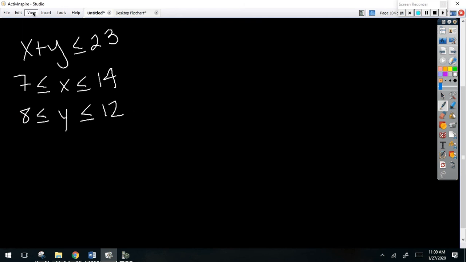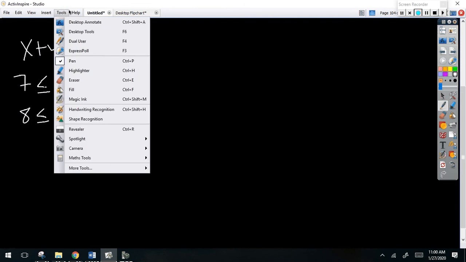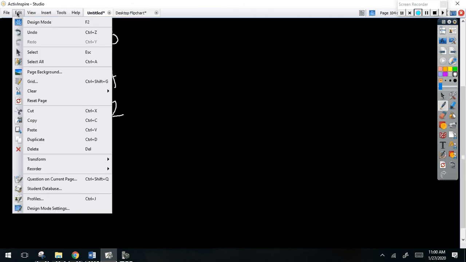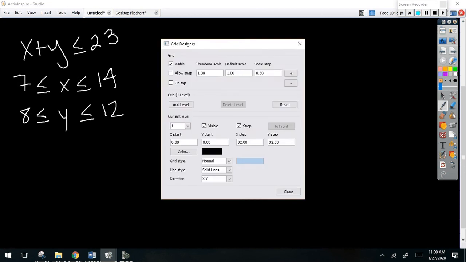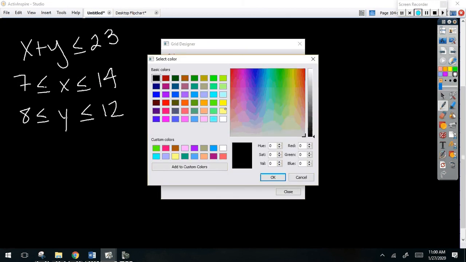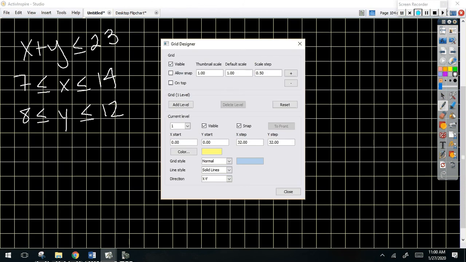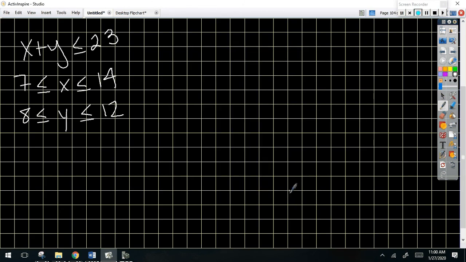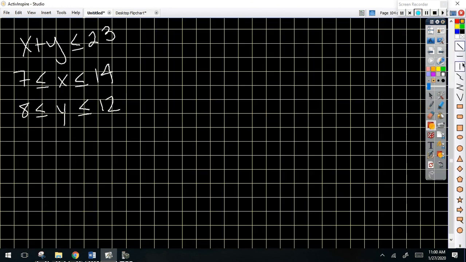I'm going to go ahead and set up my first quadrant here. These are all solid. Let me get blue, green, and red.